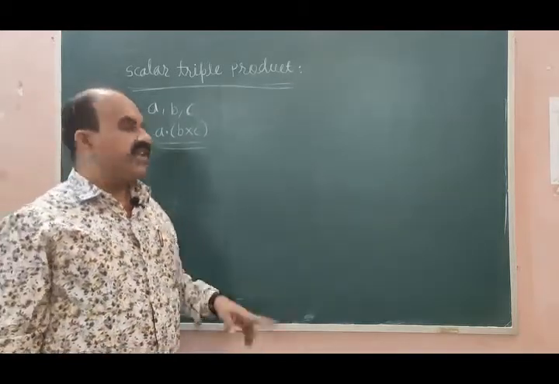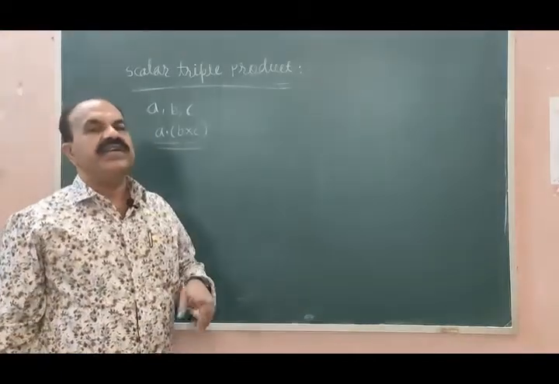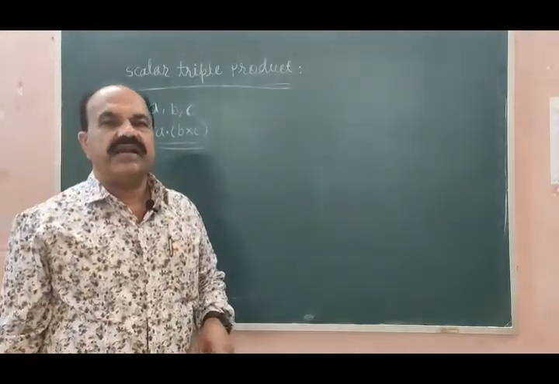Product of three vectors taken this way is known as scalar triple product.